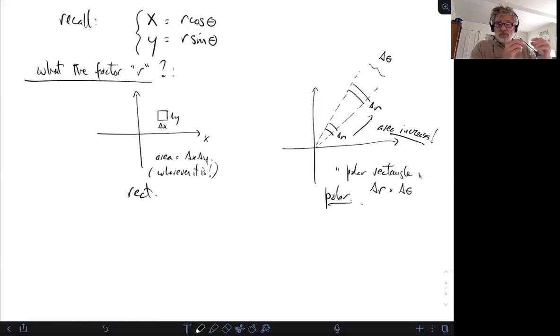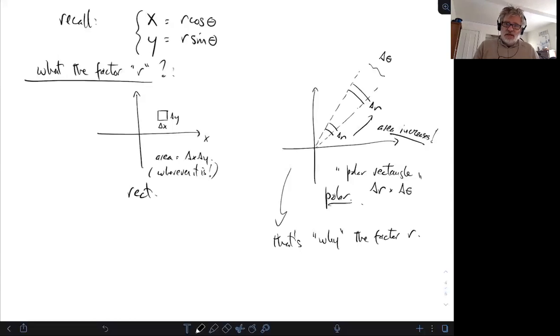So a small delta r delta theta rectangle does not have the same area if it's further out as if it's close to the origin. That tells you a little bit what this r is actually doing. It's taking care of this behavior. I could expand on this a little bit if you want. There's a nice explanation in the book. So that's why the factor r.